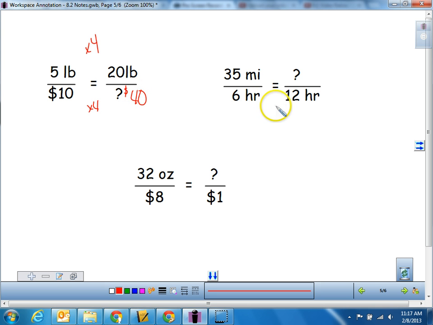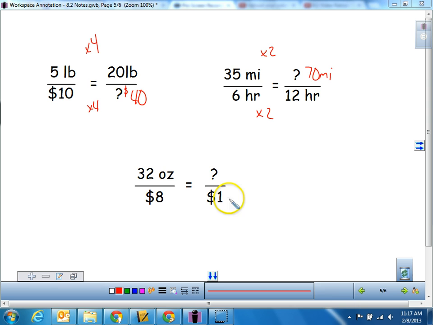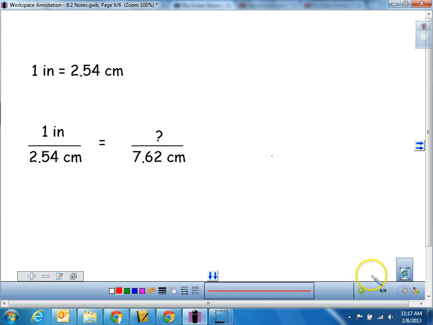How about here? 6 to 12, 35 to what? 35 miles per 6 hours. How do I get from 6 to 12? I took it times 2. So I take the top times 2 and I get 70 miles in 12 hours. You figure out this one here on the bottom on your own. Look, if we've got a 1 down here, what is this going to be called? It's going to be called the unit rate, I hope you said.